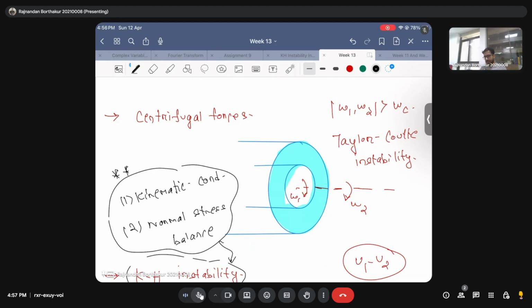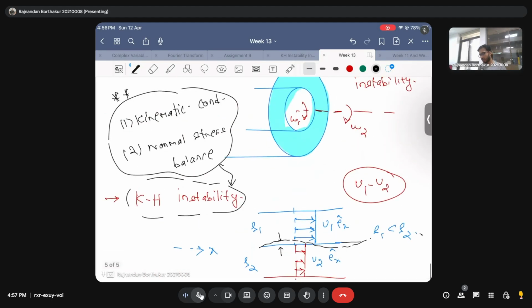Okay, so with this, I stop the discussion on instabilities, and this happens to be the last discussion of this course. What we'll do is, first of all, I'll wait for a couple of minutes, and then in the remaining 10-15 minutes, we'll do a very quick recap of the things that we have learned.